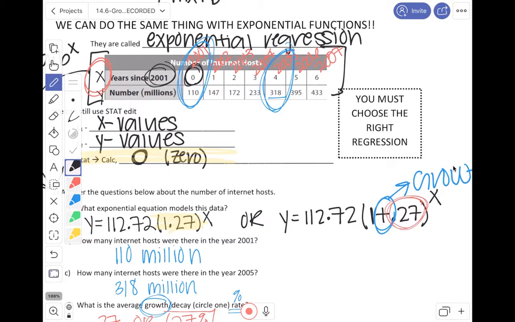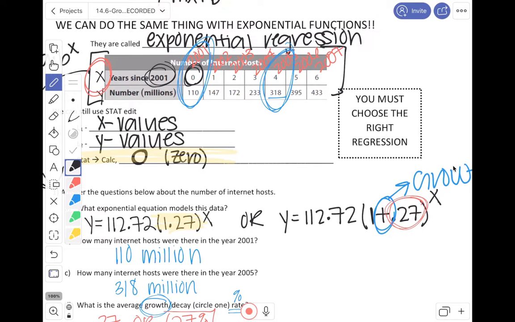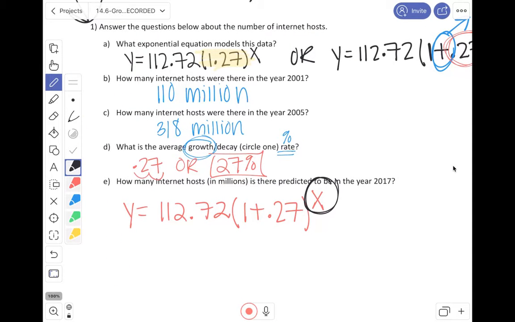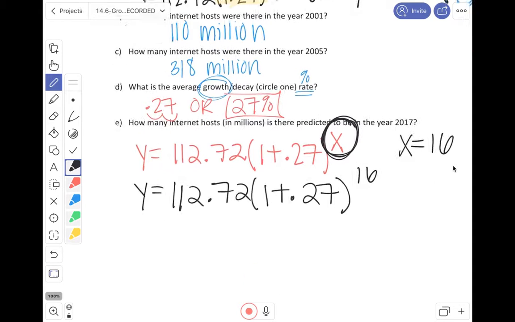Well, it's years since 2001. So instead of putting in 17 years, because we didn't start in 2000, it's going to be 16 years. So I'm looking for when x equals 16. Everywhere I see an x, I'm plugging in 16. So y equals 112.72 times 1 plus 0.27, and then instead of x, I'm plugging in 16 and solving.